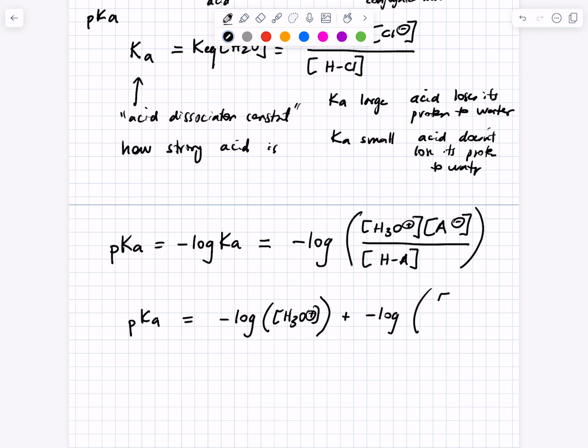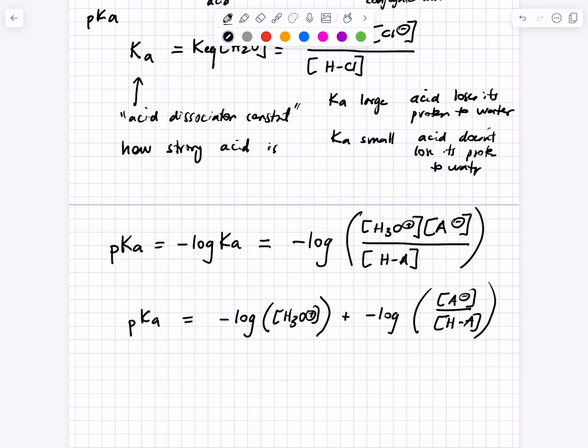You can just trust me that the math works. Okay, so we've separated out. We now have minus log of H3O plus, and then still left behind is the minus log of this ratio of A minus to HA.